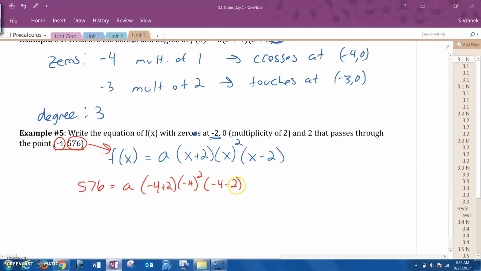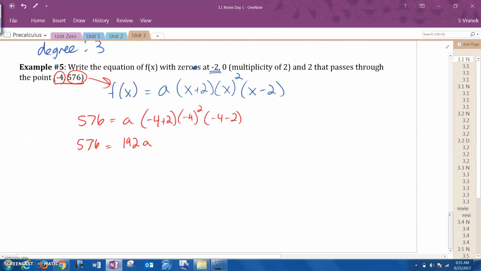If you multiply negative 6 times 16 times negative 2, you get 192, and then times a equals 576. And now it's pretty easy to solve. You get a equals 3. So f of x is equal to 3 times x plus 2 times x squared times x minus 2. This would be the polynomial in factored form.